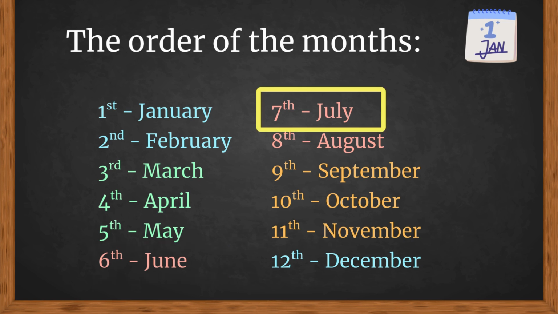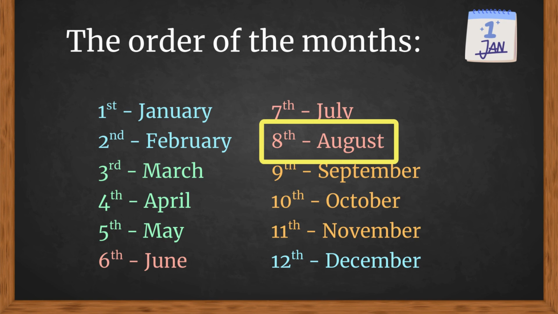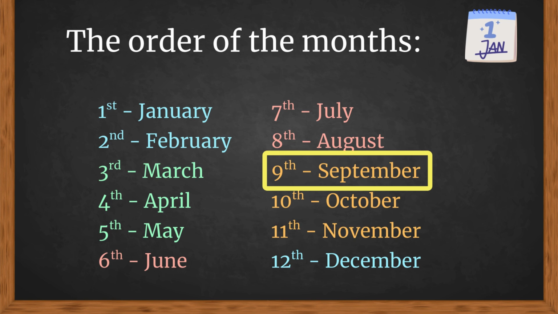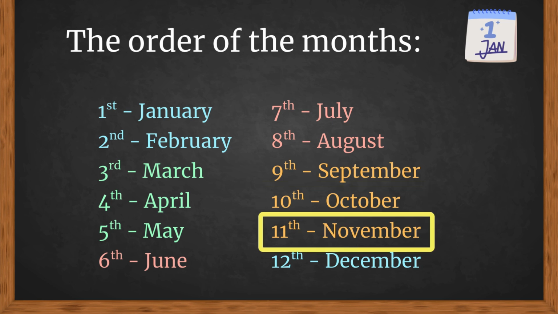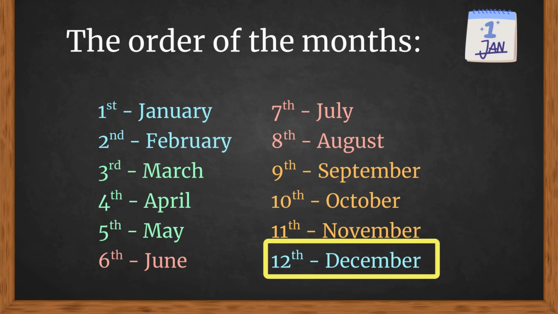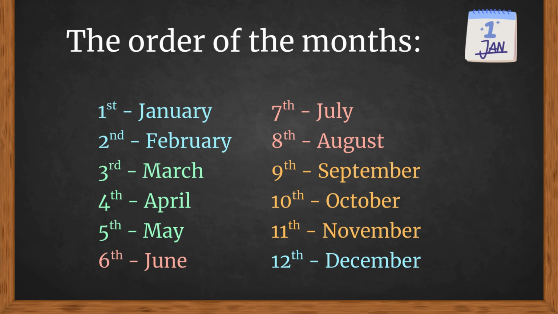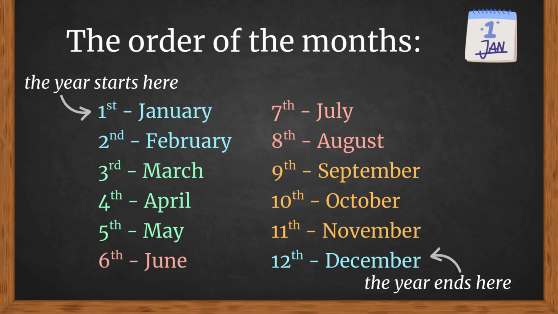Seventh, July. 8th, August. 9th, September. 10th, October. 11th, November. 12th, December. One more time. The year starts in January and ends in December.